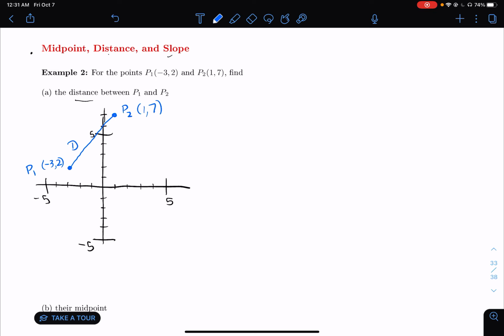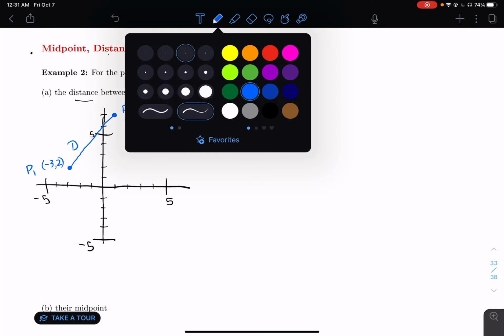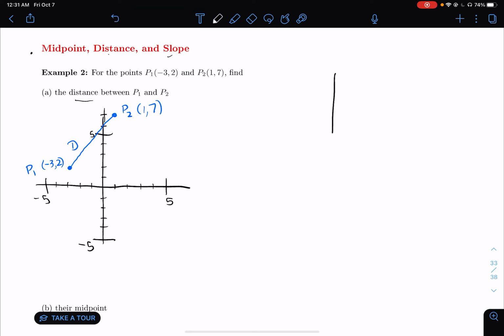Okay, so there is a formula to get the distance between 2 points, but I want to motivate where it comes from. I'm going to draw a separate picture for this. Let's say I have some axes, and one of my points is x1, comma y1. And my second point has coordinates x2, comma y2. I want to find the distance between them.